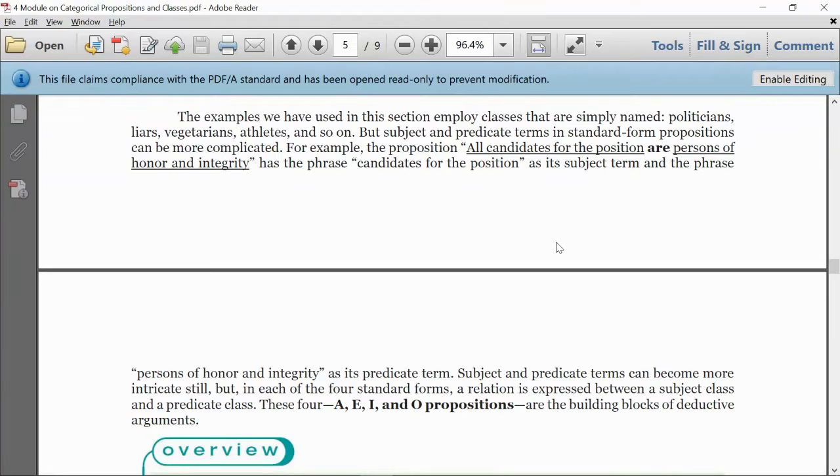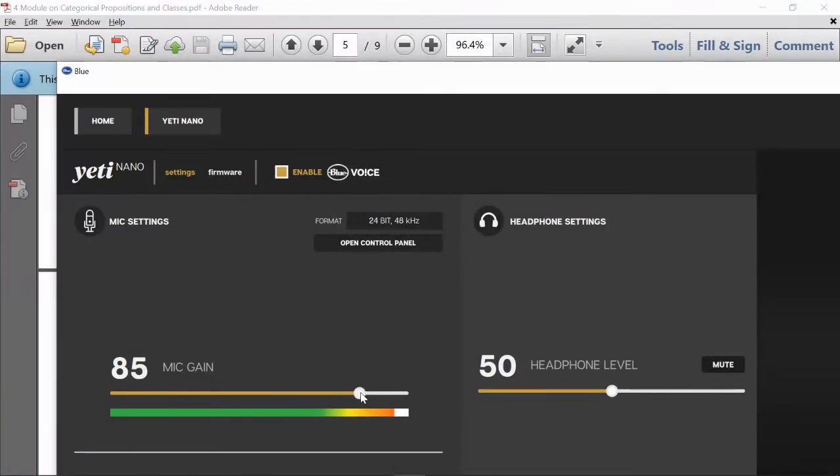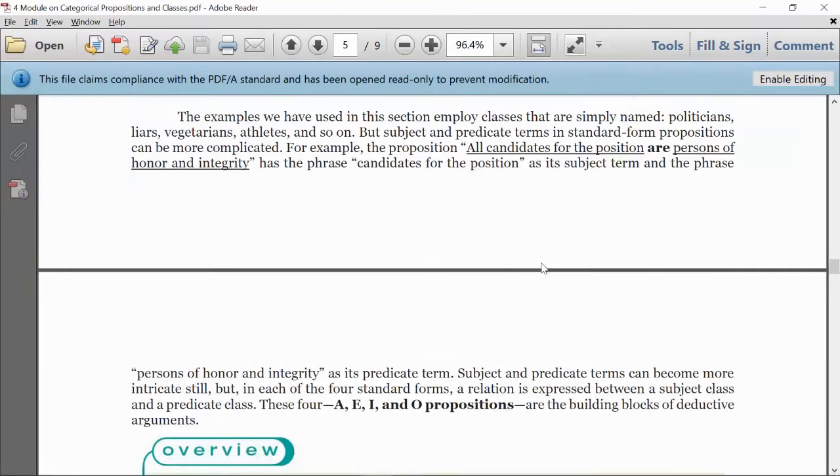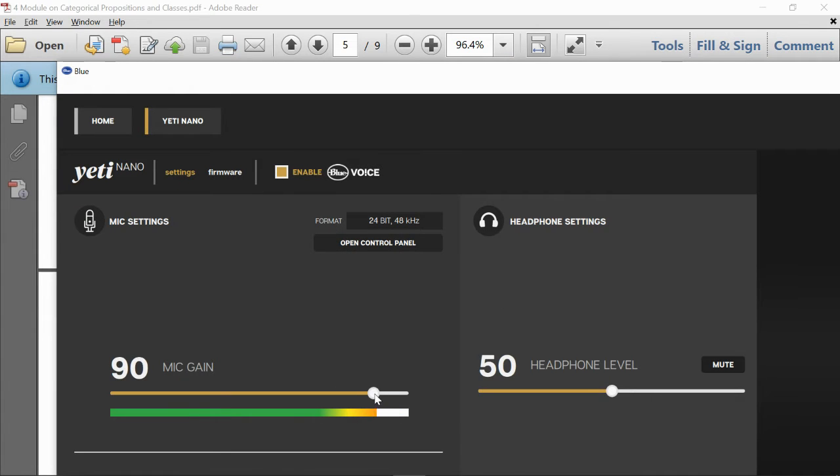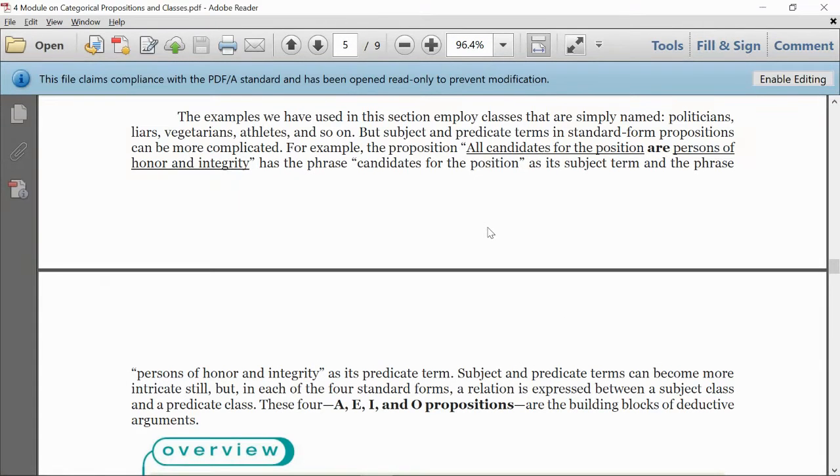The examples we use in this section employ classes that are simply named politicians, liars, vegetarians, athletes, and so on. But subject and predicate terms in standard form propositions can be more complicated.